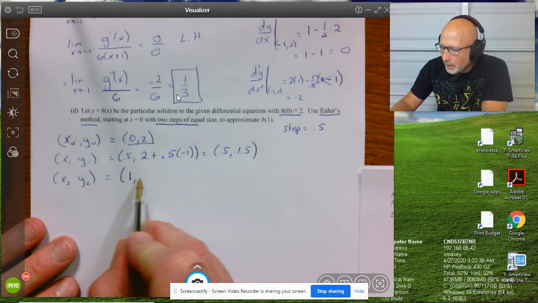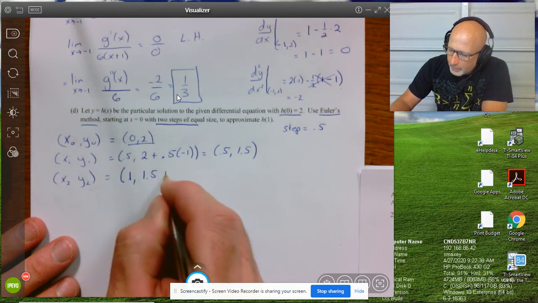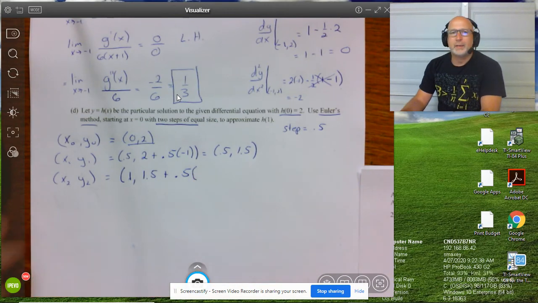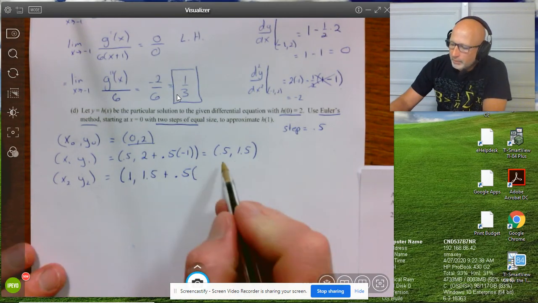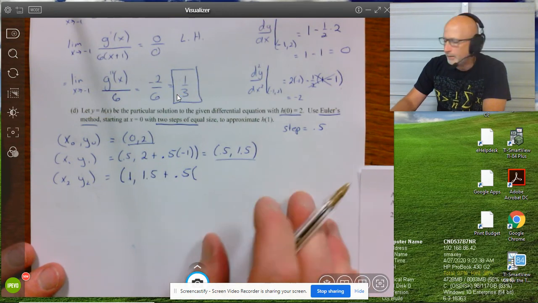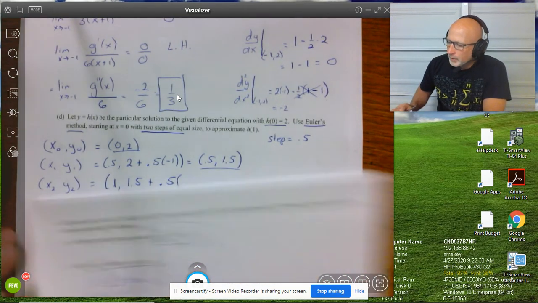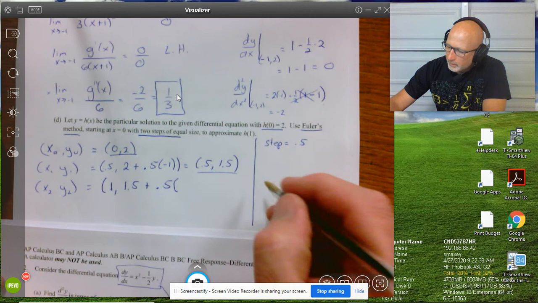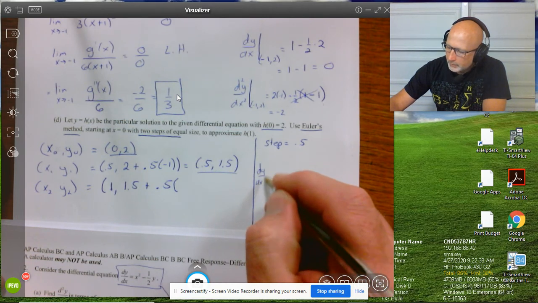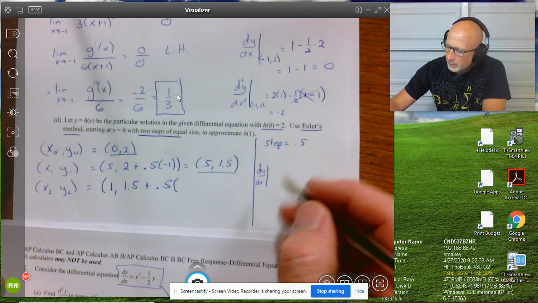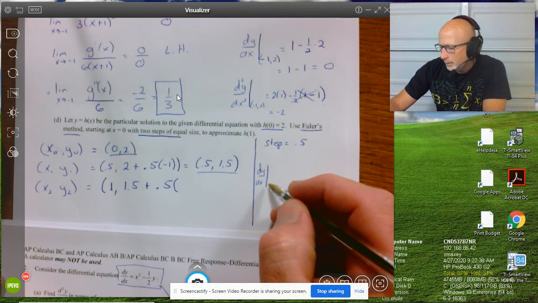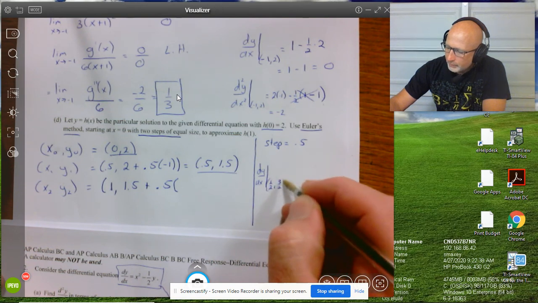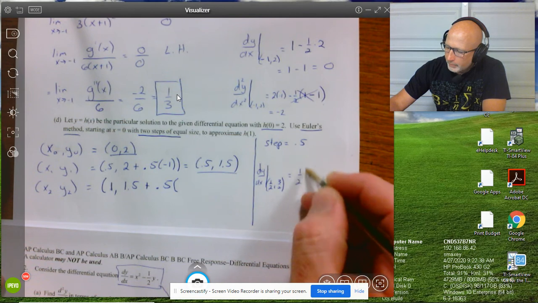And then repeat it again. Now you start off with the prior y value, which is 1.5, plus you add on the step, 0.5, and then you multiply by the derivative evaluated at the prior location. What's the prior location? Right there, (0.5, 1.5). So we plug it into this equation right here. So I have dy/dx evaluated at, maybe I'll do it as a fraction, (1/2, 3/2).